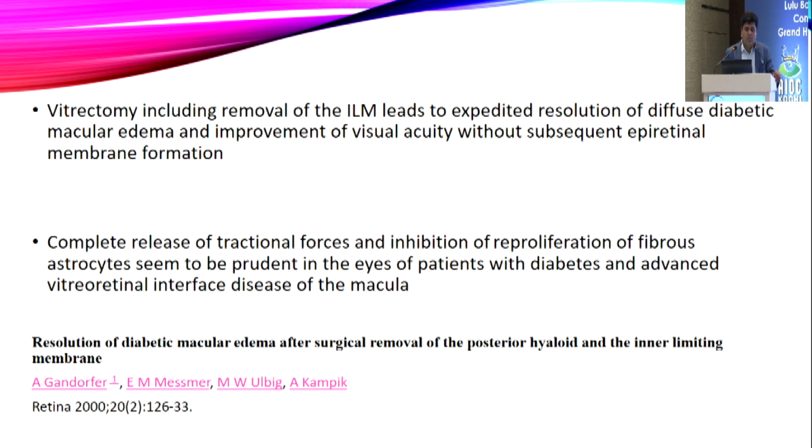In one more article, it was shown that vitrectomy, including removal of the ILM, leads to expedient resolution of macular edema and improvement of visual acuity, with complete release of the tractional forces and inhibition of reproliferation of the fibrous astrocytes produced in the eyes of patients with diabetes and advanced vitreoretinal interface disease of the macula.